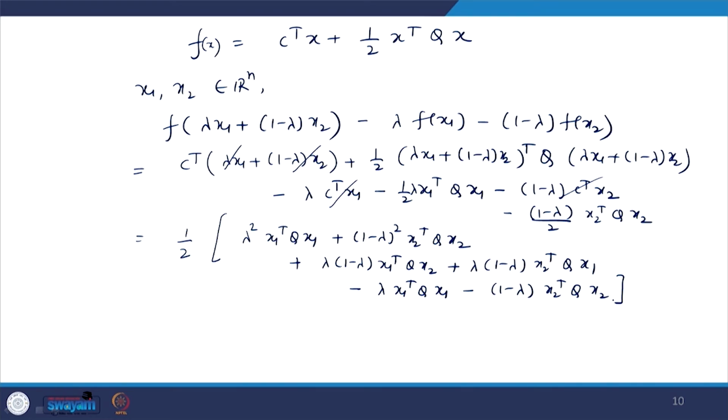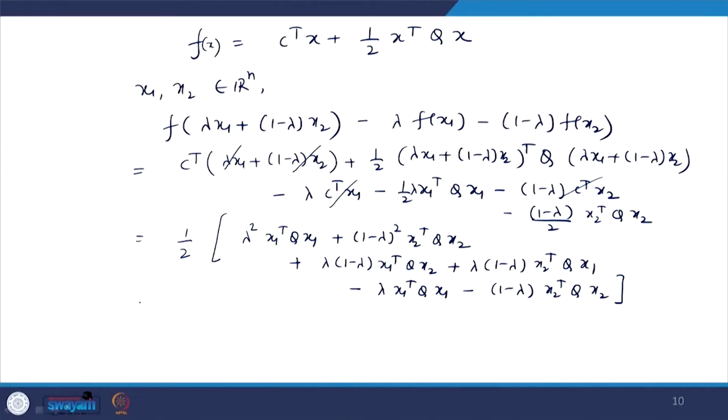We have to show that this is less than or equal to 0 in order to show that this function is a convex function. And we have to use that Q is a symmetric positive semi definite matrix. So, now let us see. From this and this, what is common?